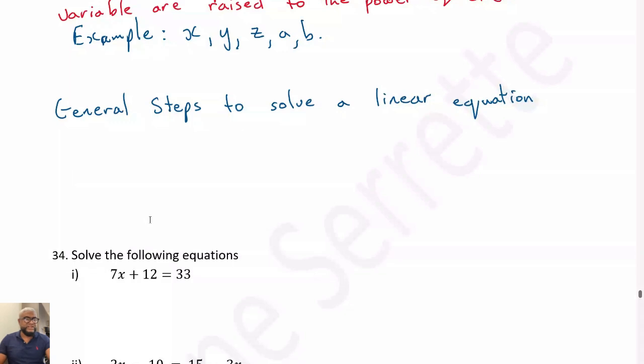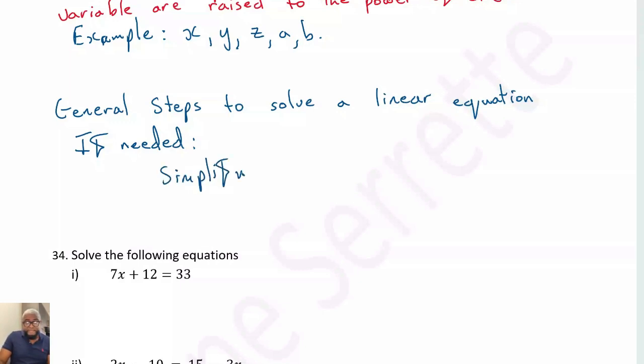Right. So I just have some general steps here. All right. So the first thing you must do, if needed, you simplify both sides of the equal sign, right?